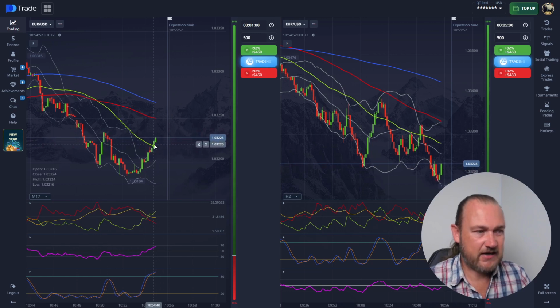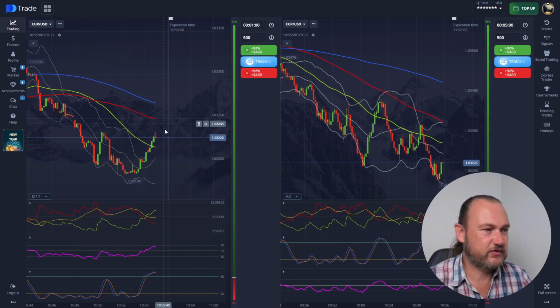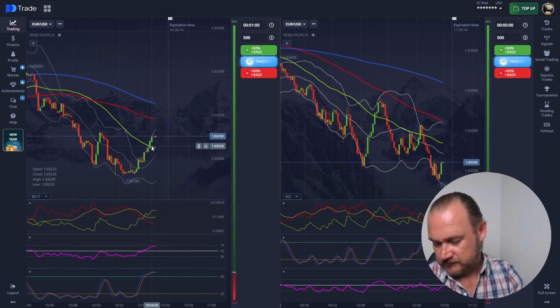And if I get in now, although I can see it will very clearly form a divergence if it doesn't exceed this level, and if we do turn down, I can't get in here because I think it's going to form. I have to wait for it to execute. This is why we don't jump the gun.